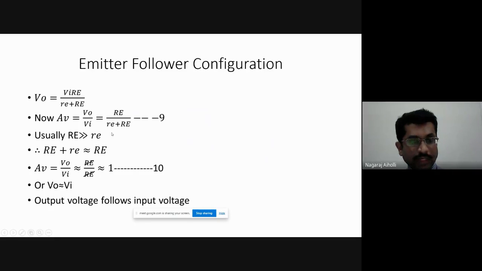That will be capital RE divided by small RE plus capital RE. As capital RE is very large compared to small RE, capital RE plus small RE will be approximately capital RE. Therefore, gain V0 by VI is capital RE divided by capital RE. These two cancel, that will be approximately 1. That means V0 is approximately equal to VI. Therefore, we say that output voltage follows the input voltage. It means that output voltage is equal to input voltage.